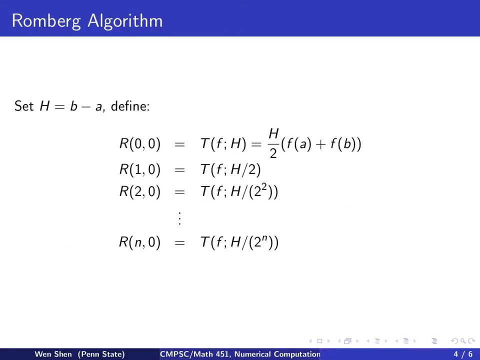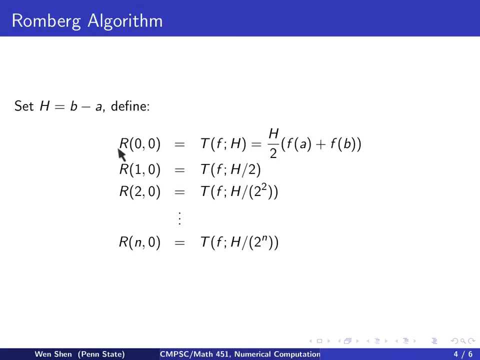So we would set h equal to b minus a, that's the length of the interval, and we compute the trapezoid rule using h, h/2, up to h over 2 to the power n, so n plus 1 such trapezoid approximations.